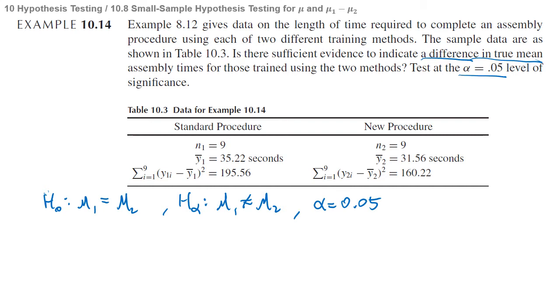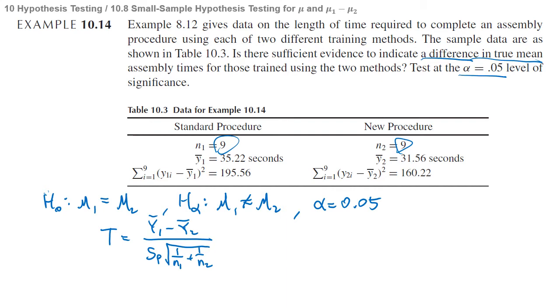The next step is to set up the test statistic. Since we have only 18 samples in total, we would use the t distribution, and our t statistic is y1 bar minus y2 bar divided by pooled standard deviation times square root of 1 over n1 plus 1 over n2. We can calculate it using the formula.